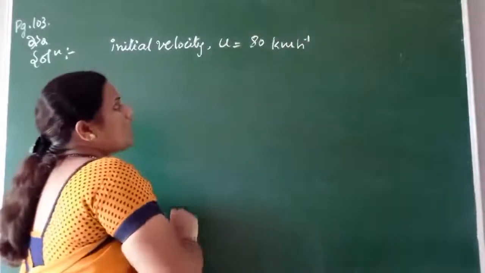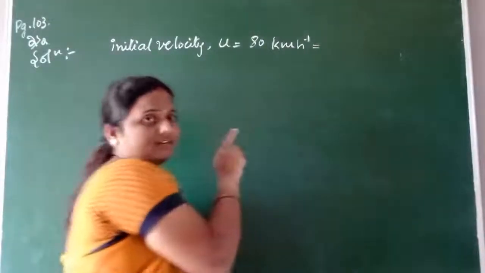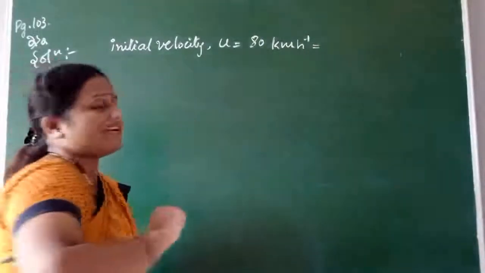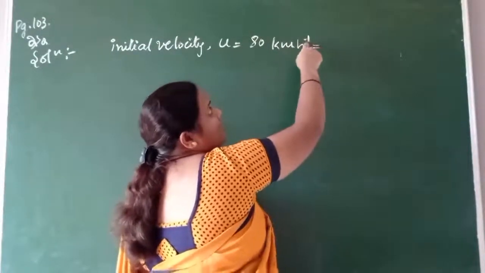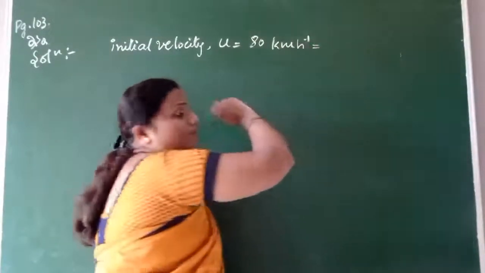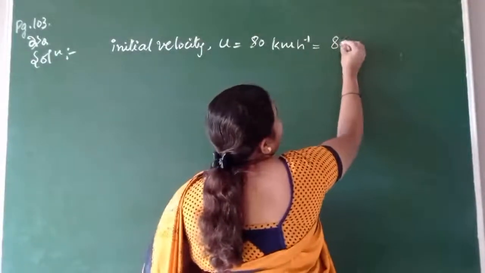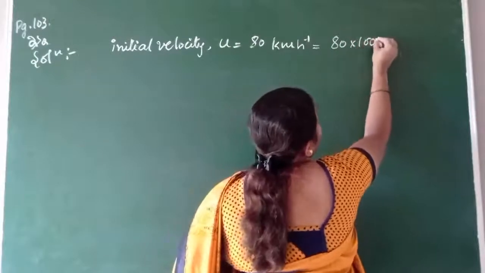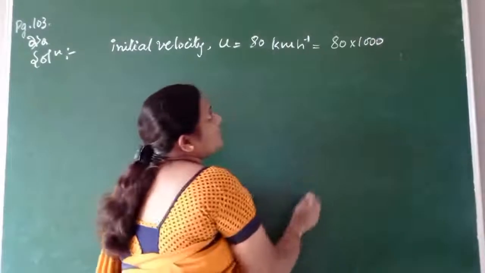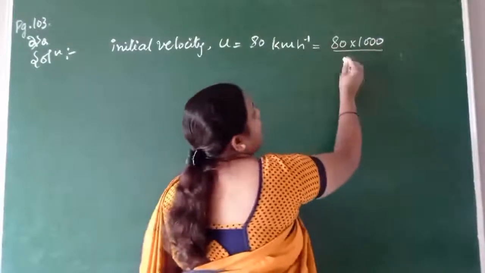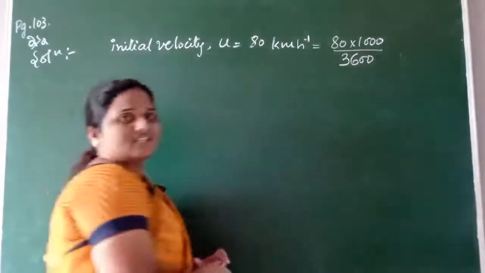Here we want to convert it into meters per second. So 1000 meters is equal to 1 kilometer, yes. Then 1 hour means 3600 seconds. So 80 into 1000 meters, divided by 1 hour, which is 3600 seconds.